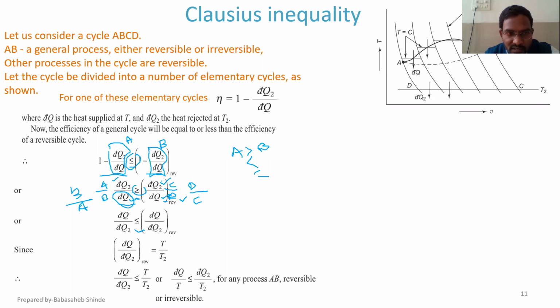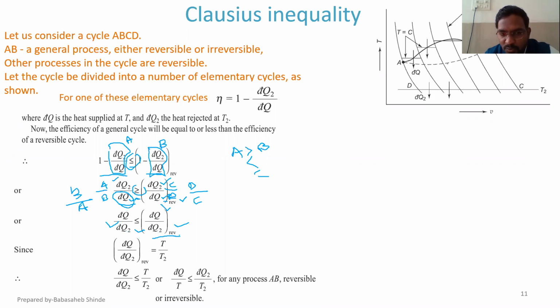Because of that, this ratio is smaller. And now if I replace denominator by numerator, the ratio will be reversed. dq by dq2 for the reversible engine will now be greater than dq by dq2 for the normal engine.